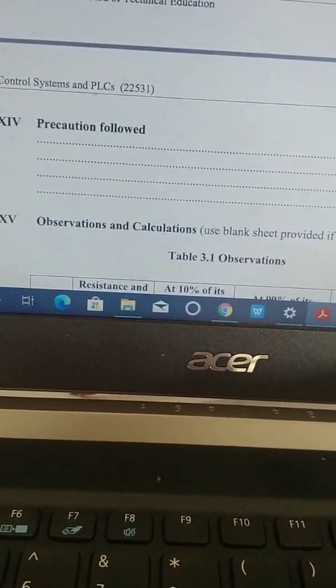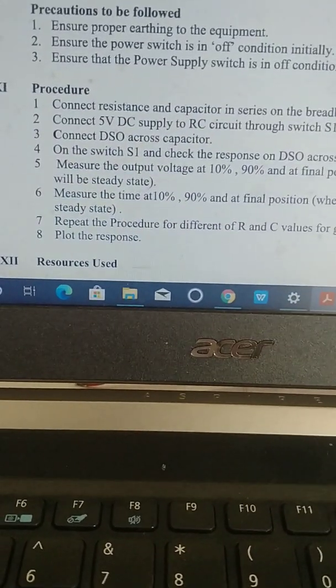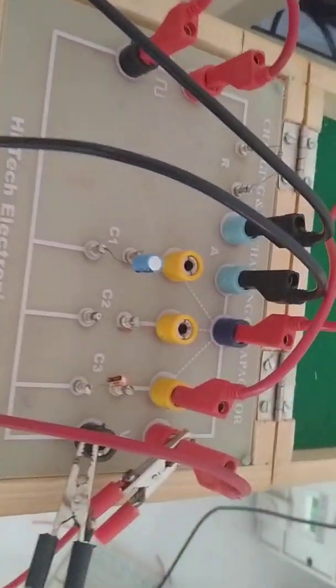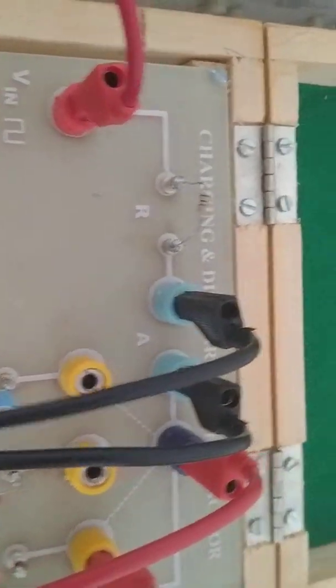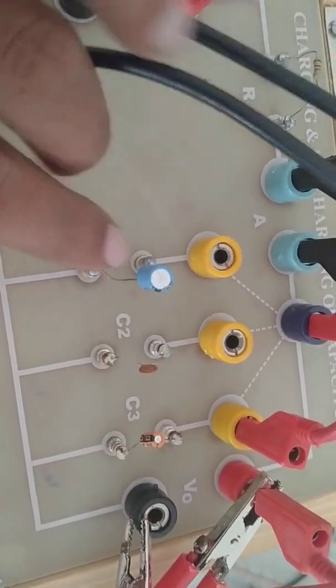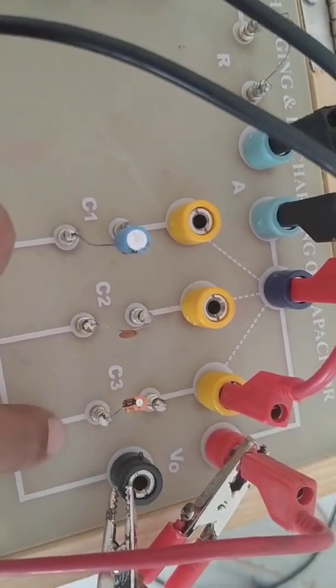Now this is the experimental setup for our experiment. On this kit, it is a resistor and these are capacitors C1, C2, C3.